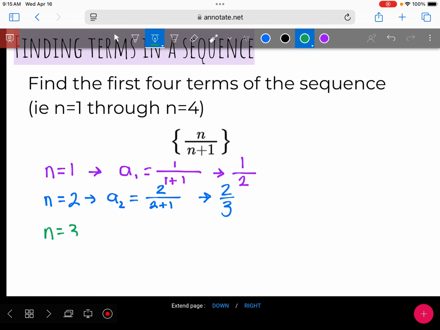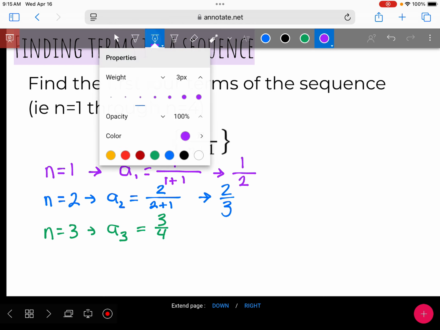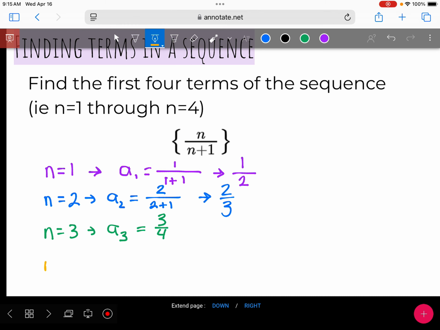So if n equals 3, to get a sub 3, what are we going to have? 3/4. What about n of 4? What's a sub 4? 4 over 5.